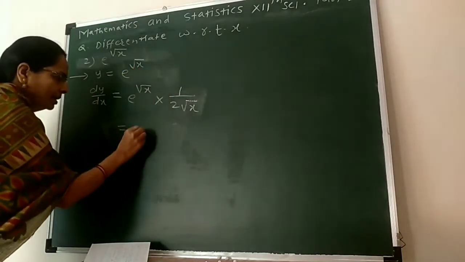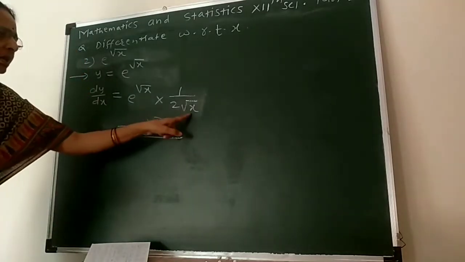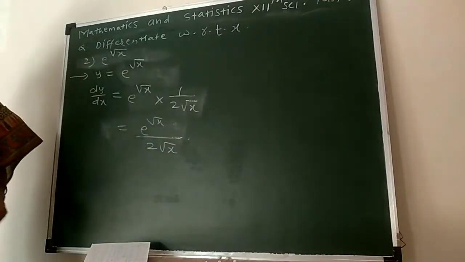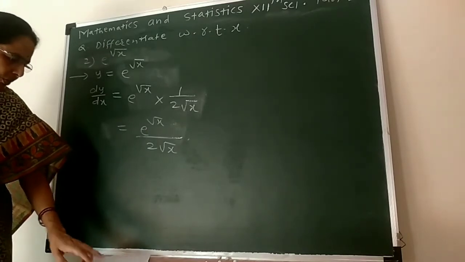In the numerator e raised to root x, in the denominator 2 root x. This is the answer, e raised to root x upon 2 root x.